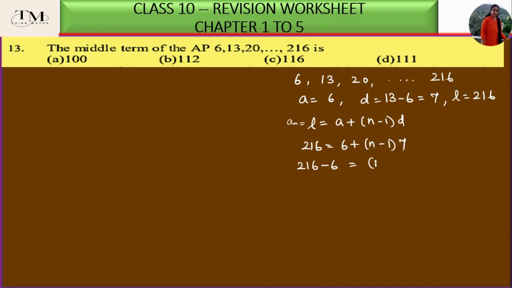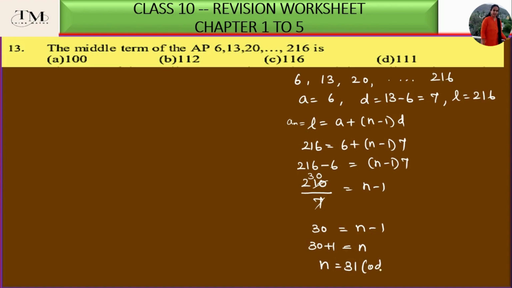On the other side we will have n minus 1 into 7. 216 minus 6 is 210. So here 7 is in product, so it will come to division when changing the sign. So 210 divided by 7: 1 sevens are 7, 3 sevens are 21, 0. So it is 30 equal to n minus 1. So n will be equal to 30, minus 1 will become plus 1. So n is equal to 31, which is an odd number.